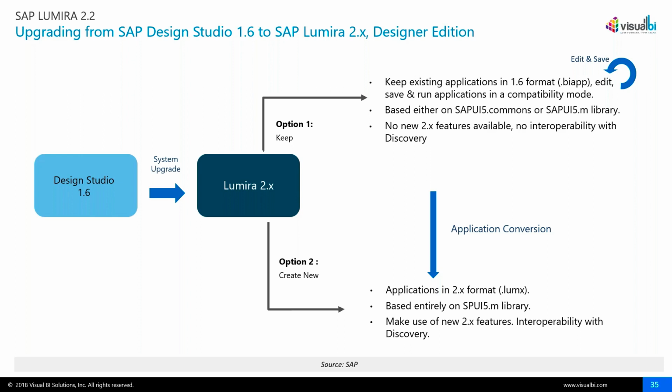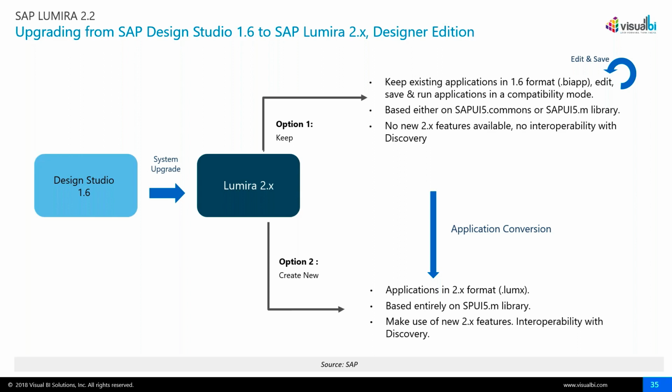It's a compatibility mode that's available inside 2.0 and above. So if you have 1.6 applications, you can still save them in 2.0 format and continue to run them without changing anything on the applications or losing any feature or functionality. The caveat is, if you do this, obviously the new 2.0, 2.1 or 2.2 features are not going to be available for you to use.